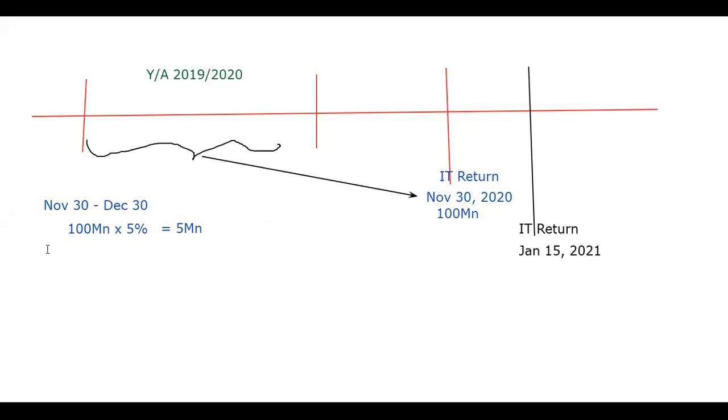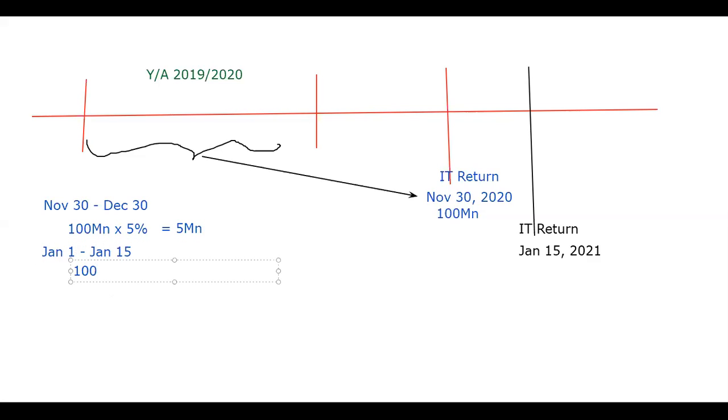Right? And then again, part of the month. It says further 1% of the tax owing for each month or part of the month. This is for December, we call it the 1 month period. And then January 1st to January 15th is part of the month.